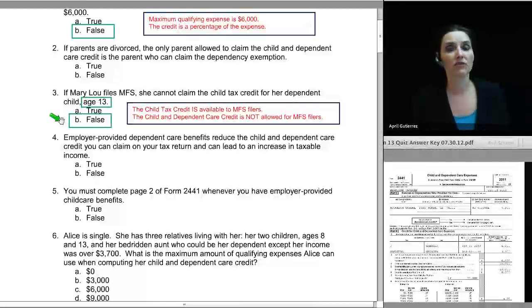But when it comes to the child tax credit, filing status is not a factor. Therefore, even though Mary Lou is filing married filing separate, she is still entitled to the child tax credit if she has a qualifying child who is under age 17. Well, she's got a dependent child who is age 13, that is under age 17, and presumably this is probably her son or daughter. But child is enough.